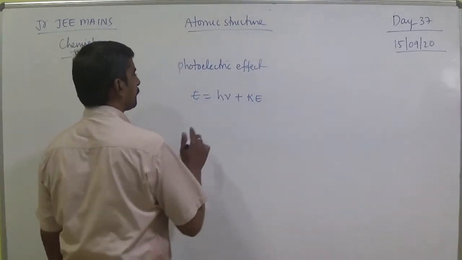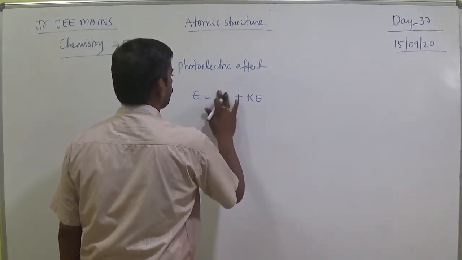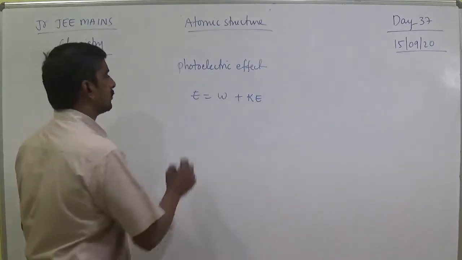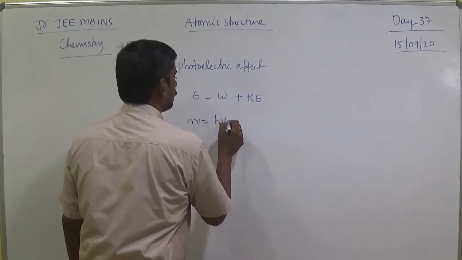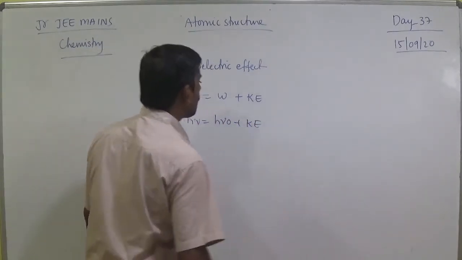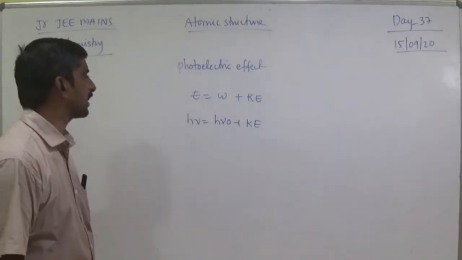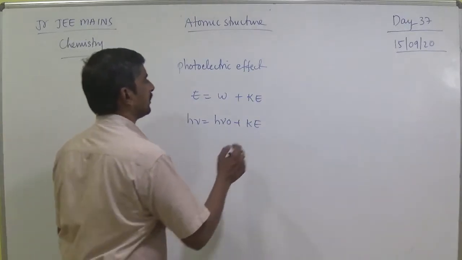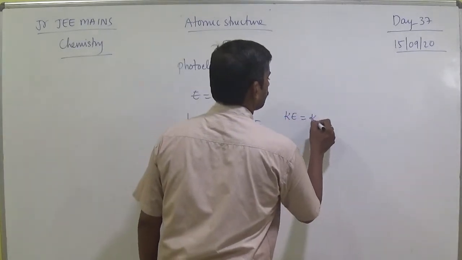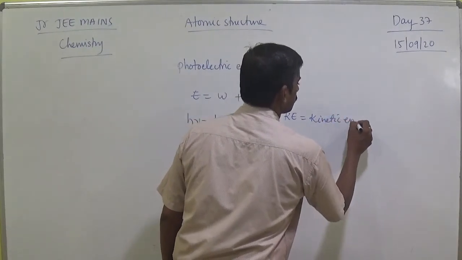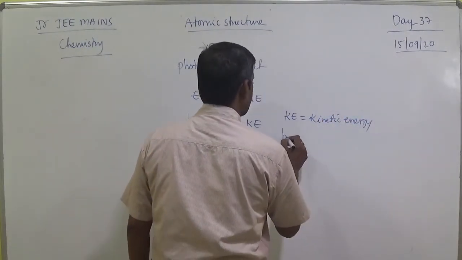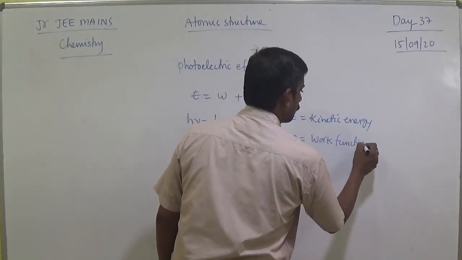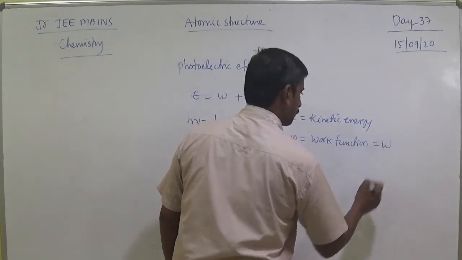Or E equal to W plus K. So h nu equal to h nu naught plus K. Here h nu naught means the work function, that is equal to W also.